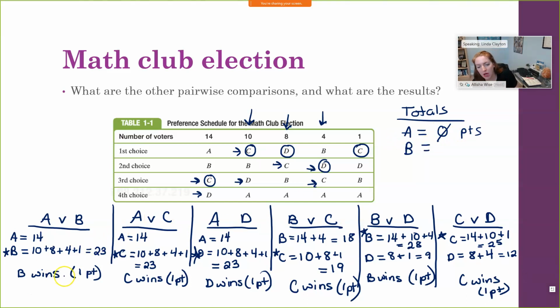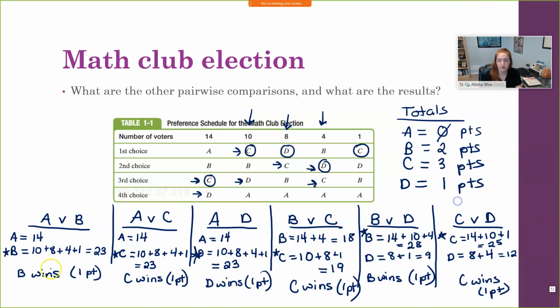B won 1, 2. So we got 2 points. And then C won 1, 2, 3. C was partying. Yeah. Oh, I see. So you grab every number that has 1 point and add those points together.